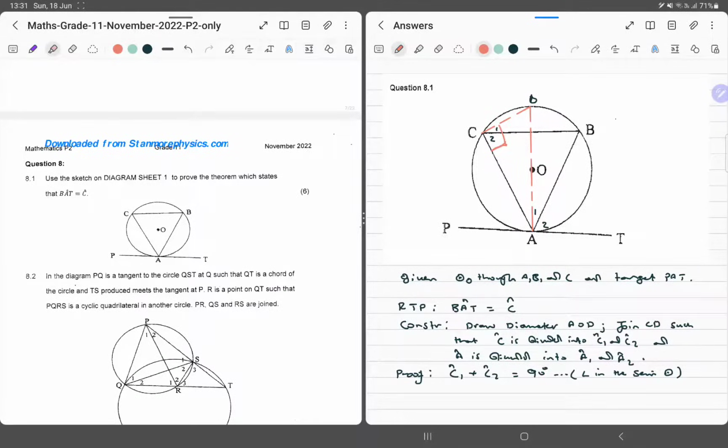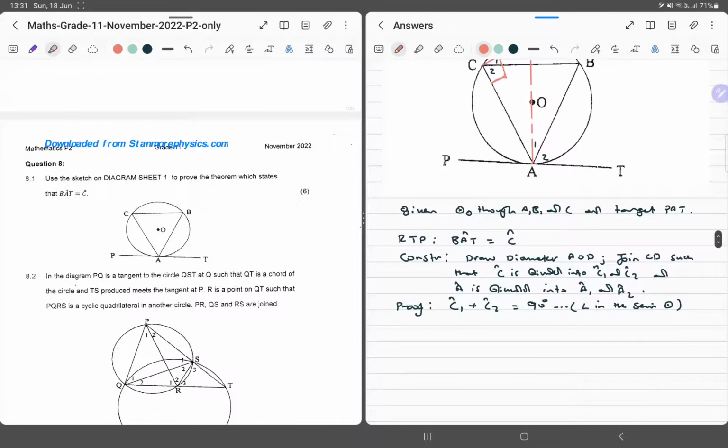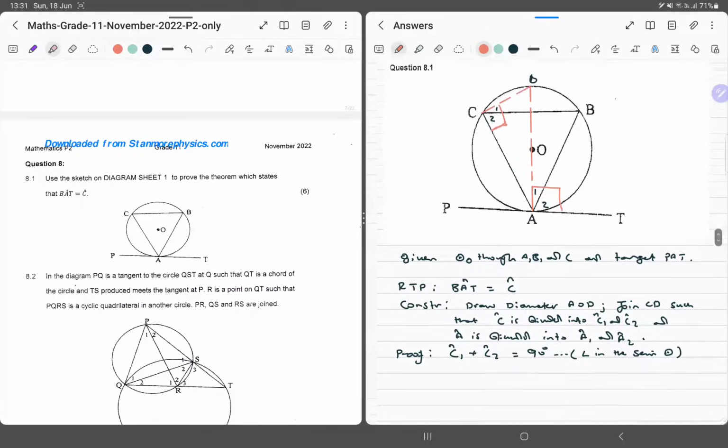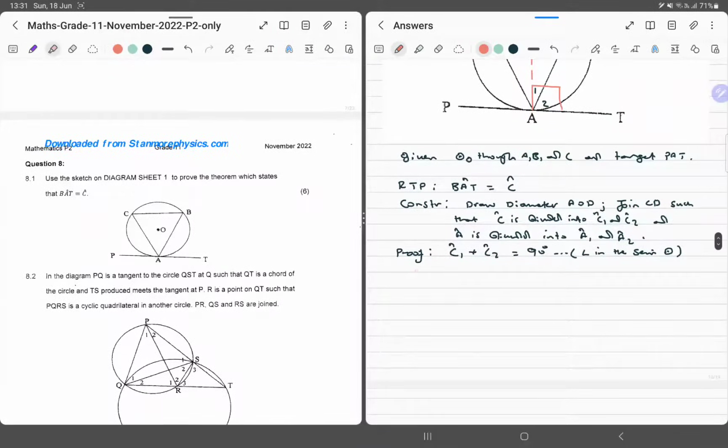So now we also know that this angle here is also 90 degrees. So we can say also we know that angle A1 plus angle A2 are also equal to 90 degrees.